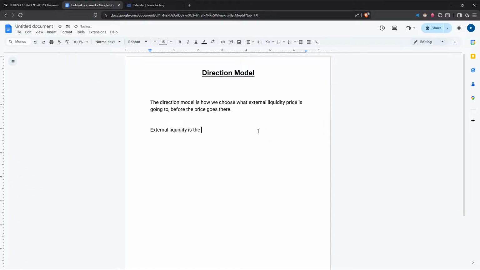Okay, so let's define what external liquidity is. External liquidity is a level that would force traders holding positions from a higher time frame to be closed.